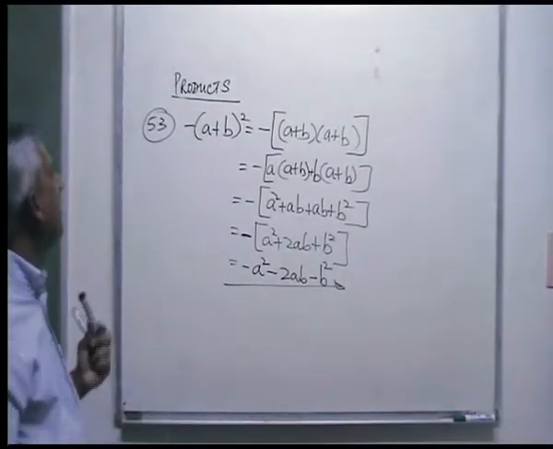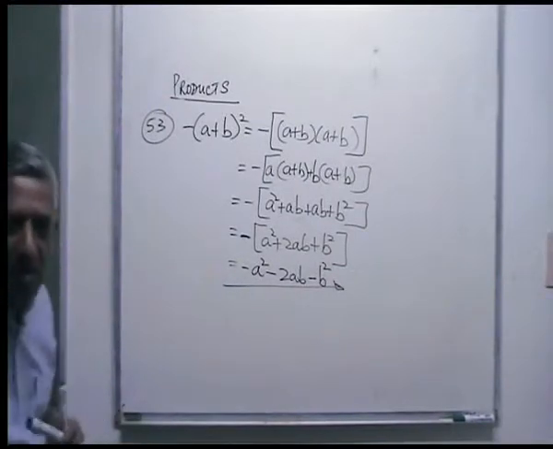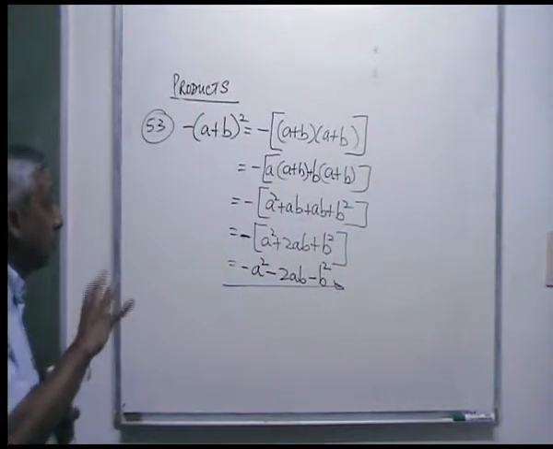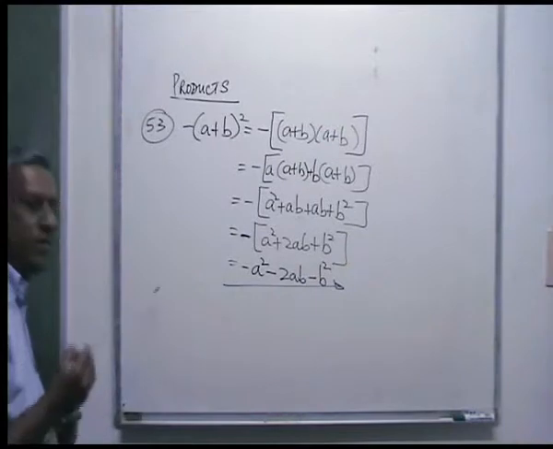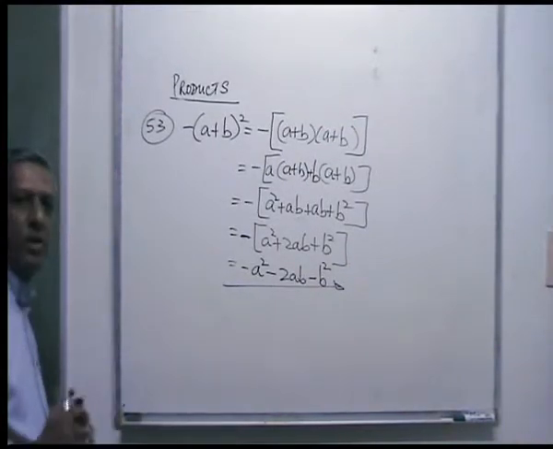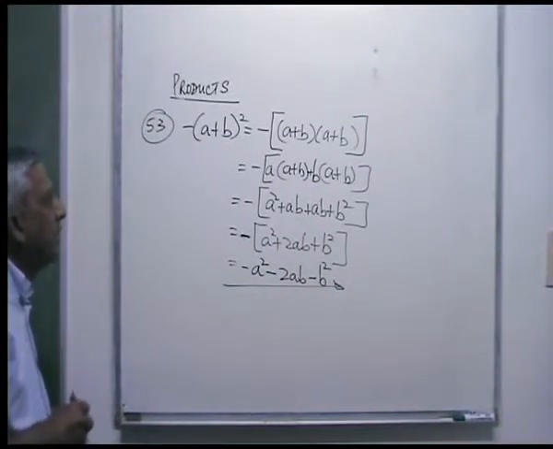So I purposely numbered them from 1 to 53 so that you can see that you have to do a large number of examples to understand a particular section. Plus you got to do different types of examples. So that's the end of products, and if you understand these, then you understand the basics of products, and you'll be able to do any kind of examples on products.